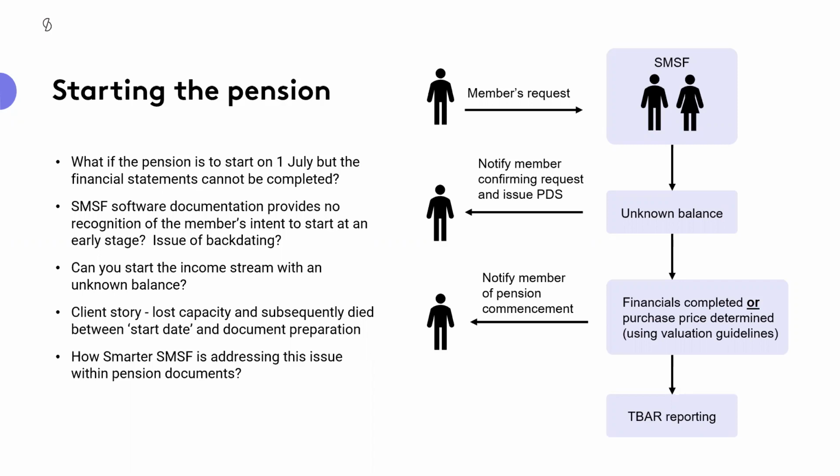So there was actually a discussion that had taken place. Not long after they had that conversation about the intent, there was an email between the administrator or the accountant and the client. They were looking to do all that, but then the member, A, lost capacity, and B, subsequently died.